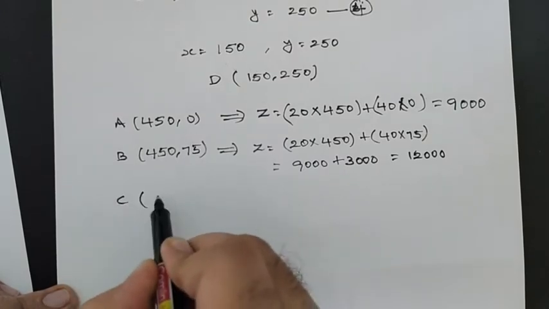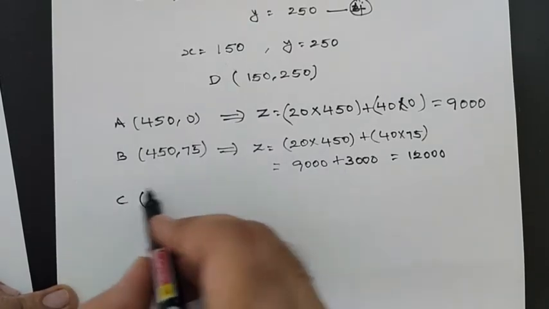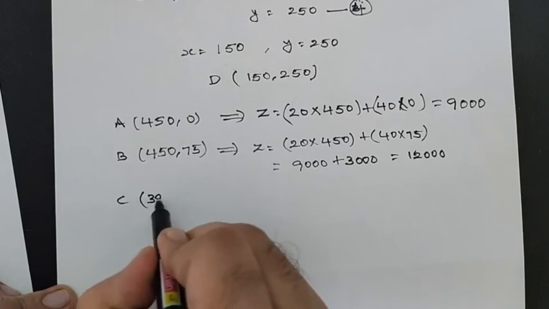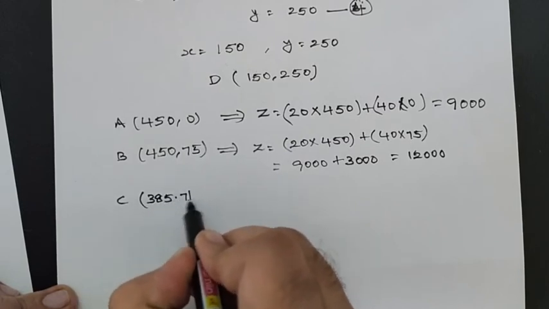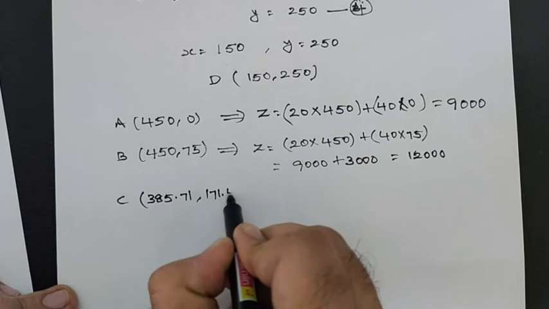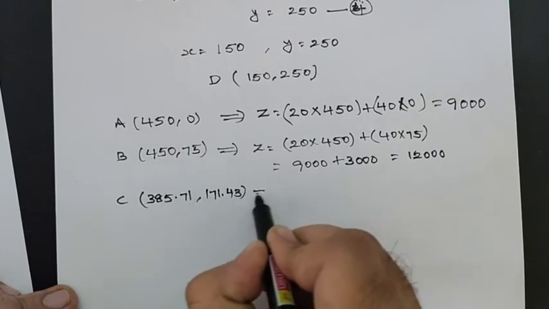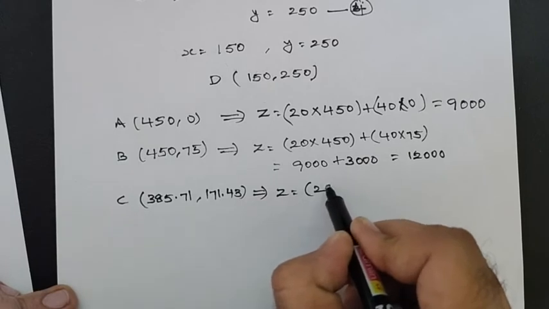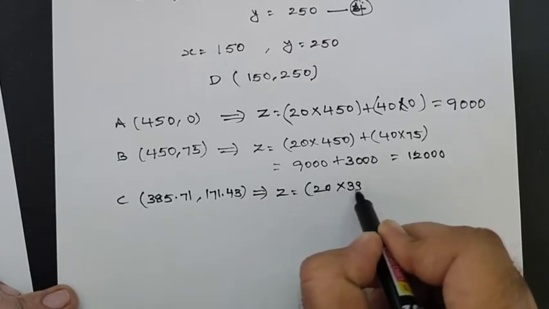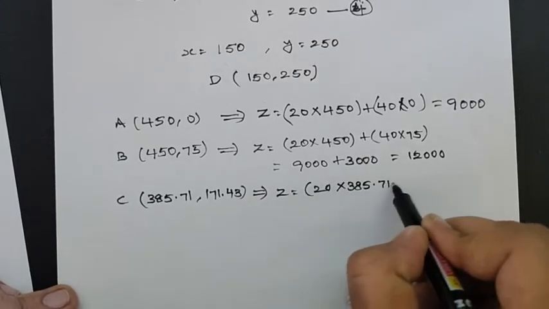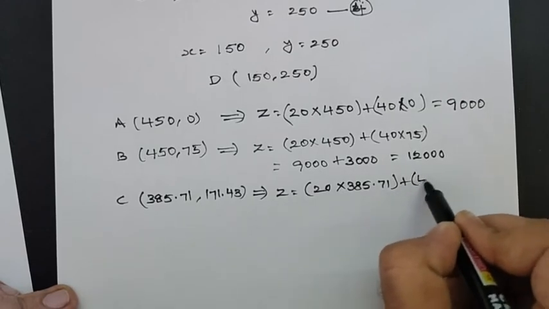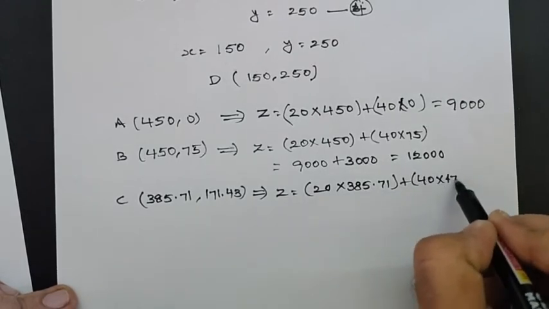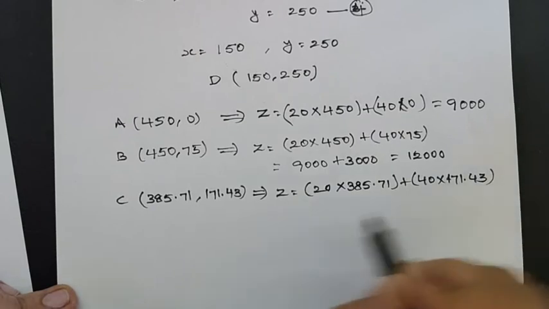Next, take point C. What is the value of point C? 385.71 comma 171.43. Then the value of z is equals to 20 into 385.71 plus 40 into 171.43.